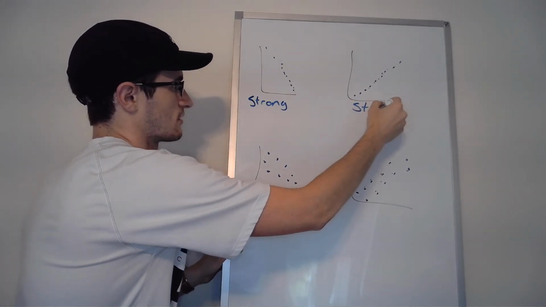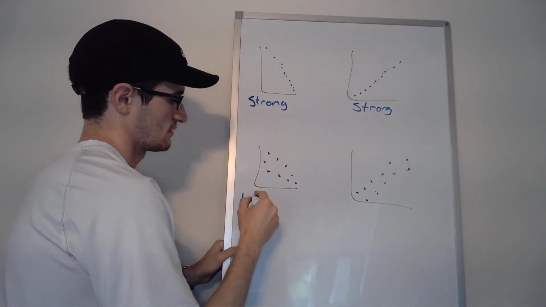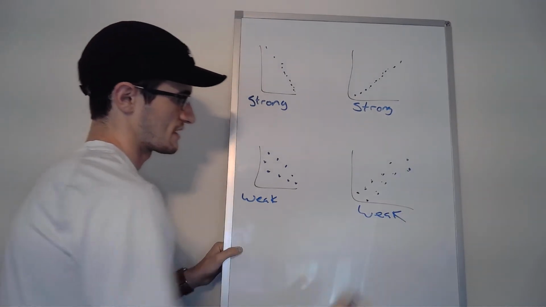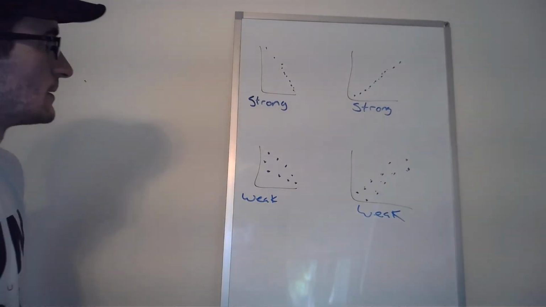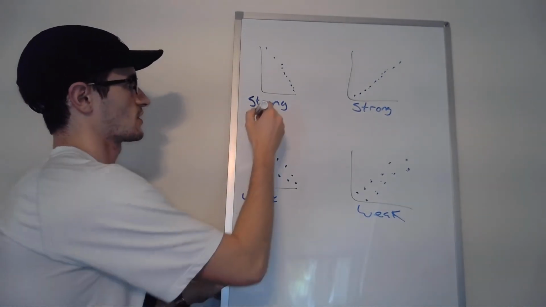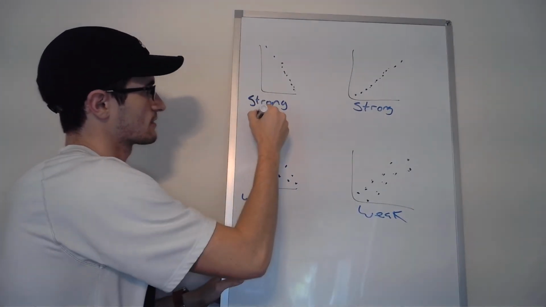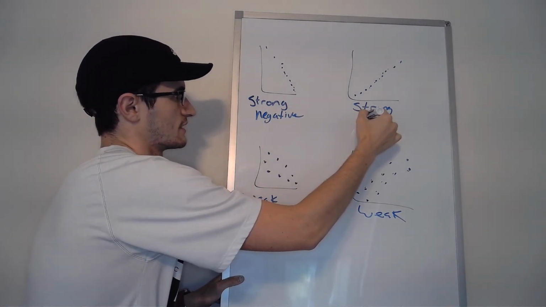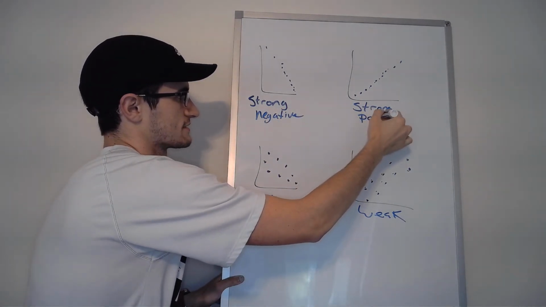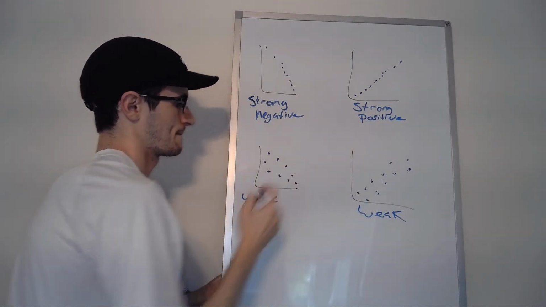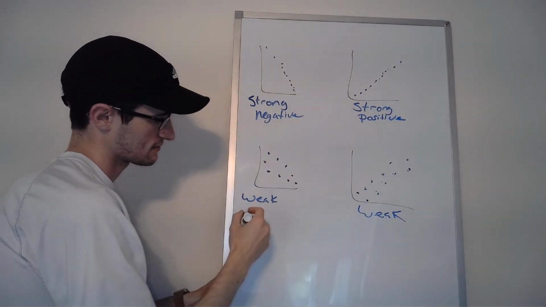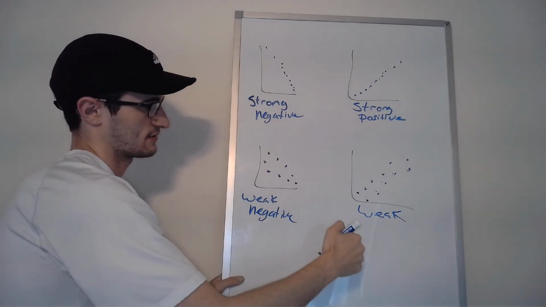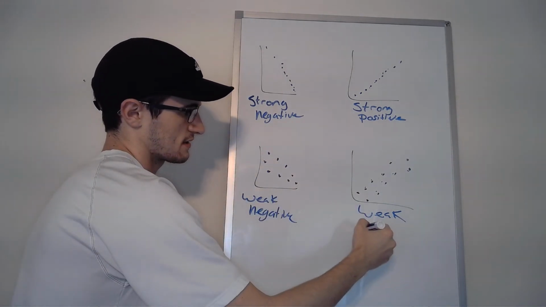This one's also strong, weak, weak. Okay? But this one here is a strong, pointing downward, negative. This is a strong, positive. This is a weak negative, because it's going down. And this is going up, so this is a weak.